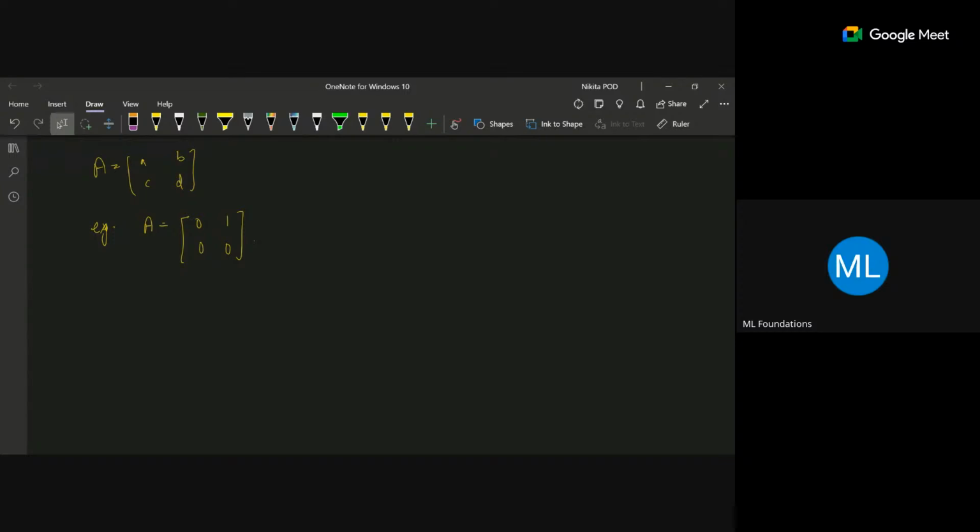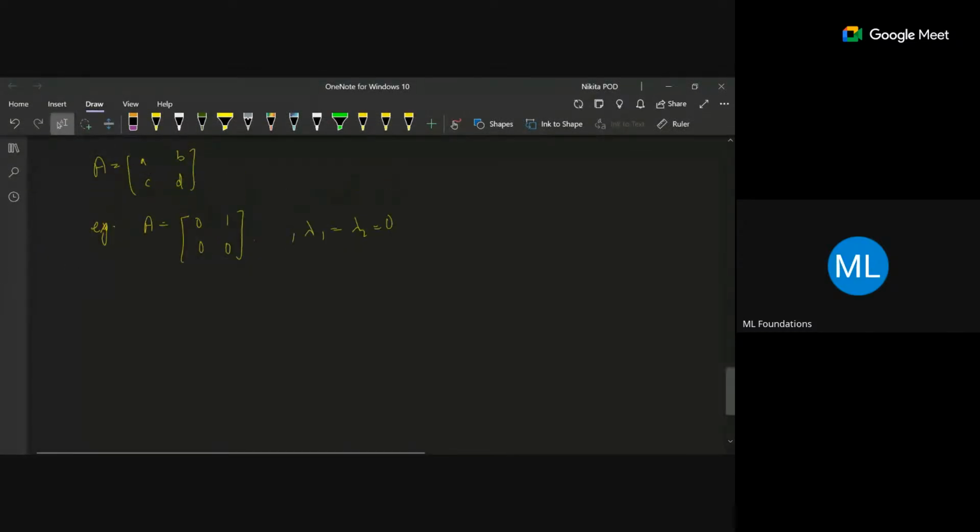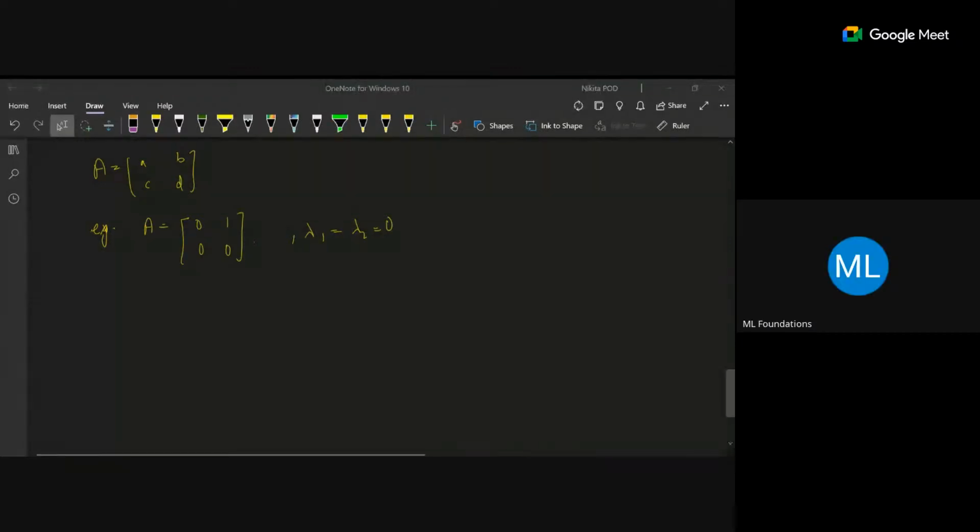What is the eigenvalue? 0, ma'am. Eigenvalue would be 0. So lambda 1 equals lambda 2 equals 0, right? So what will be the eigenvector? 1 0, right?